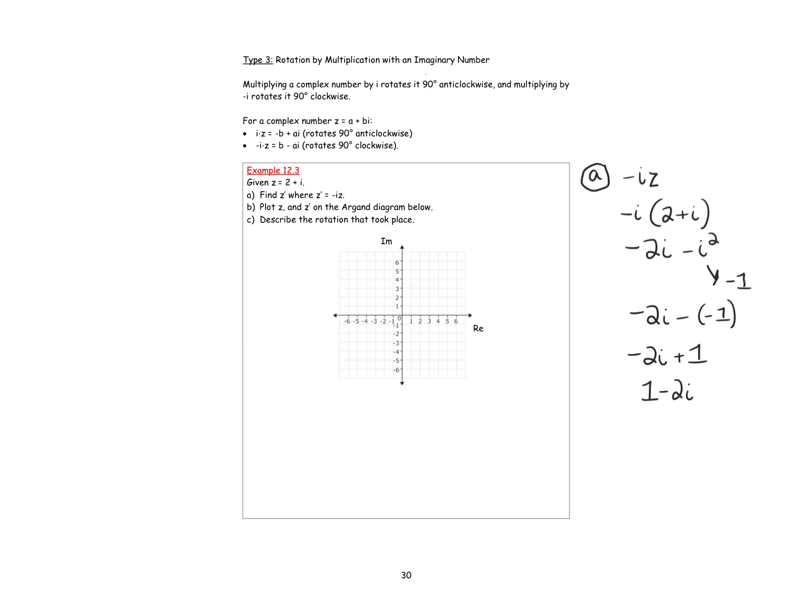In part b, it says plot z and z dash on the Argand diagram below. So z is 2 plus i, so if we plot that, it's going to be here. And if we plot z dash on the Argand diagram, we have 1 minus 2i, which is here. Now, in part c, it says describe the rotation that took place.